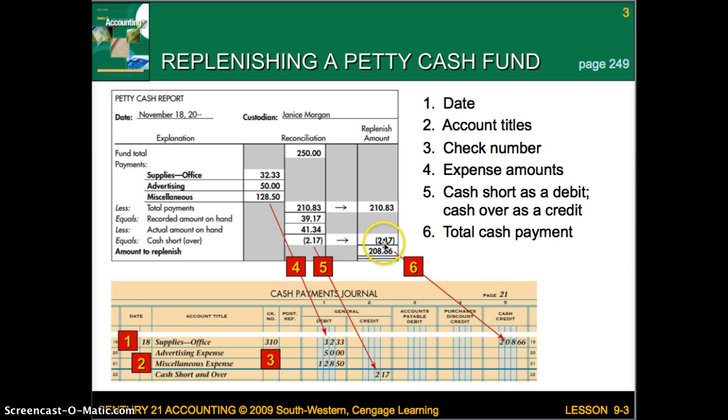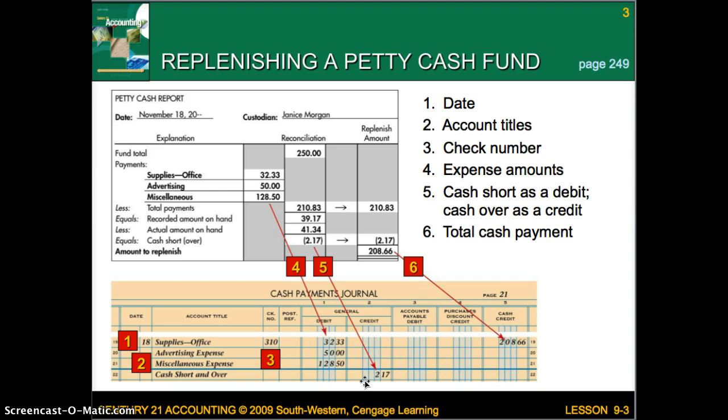Okay, and then we are going to put our cash back in. I was getting this confused. I didn't realize this was a different example than the one prior to this. So in this example, we were cash over. Okay, we had too much cash on hand, and so our cash over needs to be a credit.